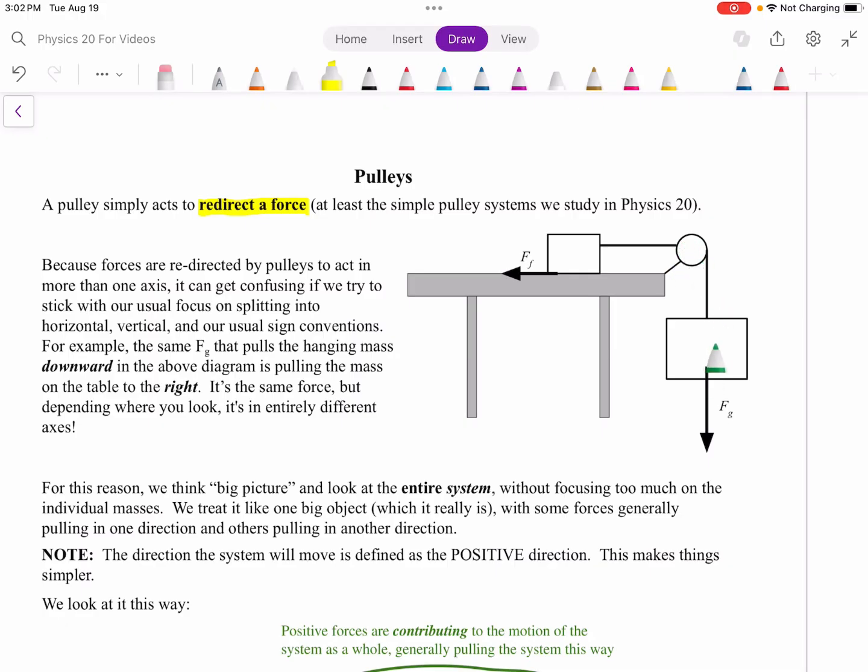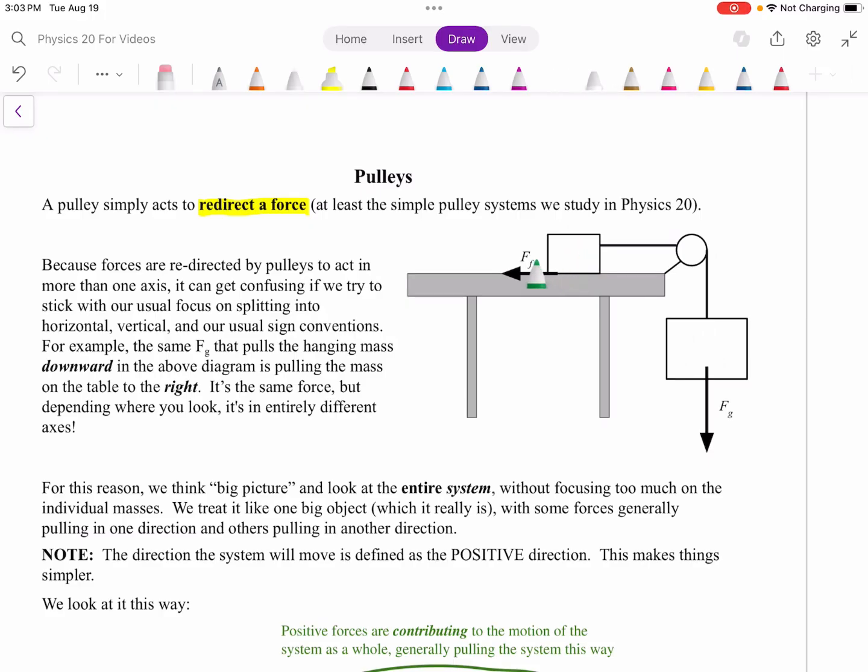Now, this force of gravity from this mass is pulling it down. But because it's attached to this mass, and there's a pulley here, that downwards force of gravity is going to pull on this mass to the right. So what's a downwards force when we look here is actually a rightwards force from the perspective of this mass.